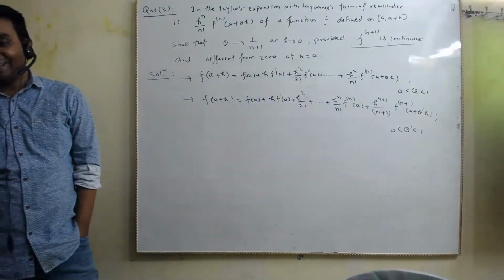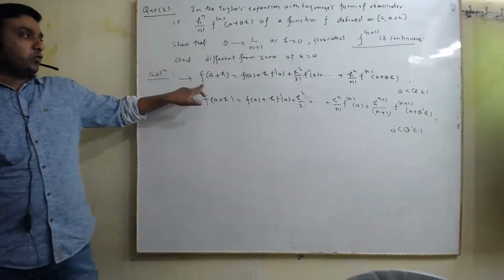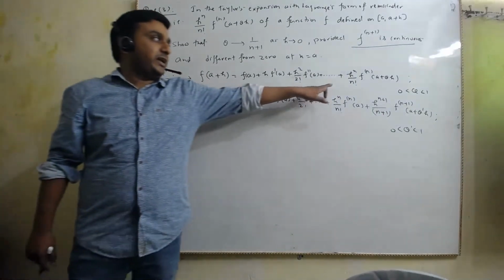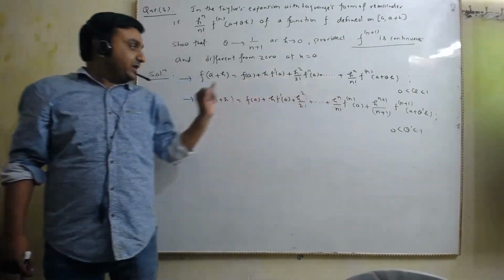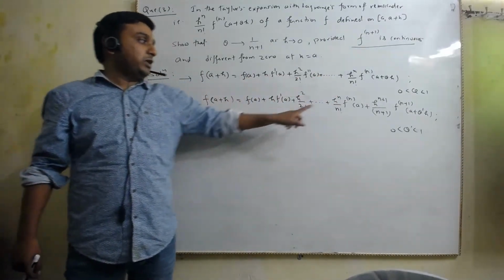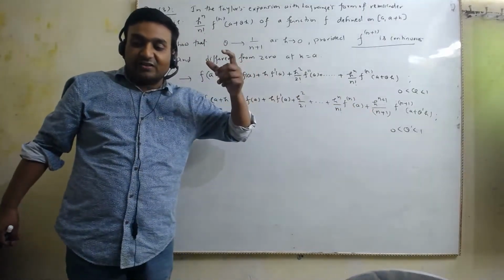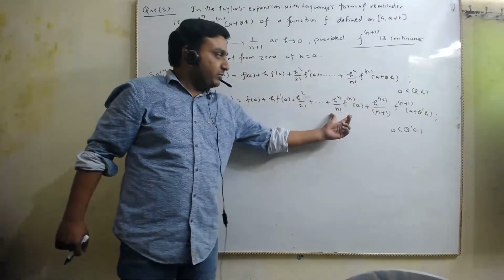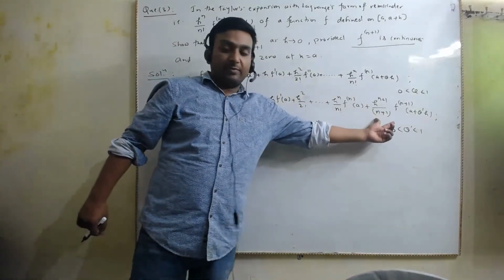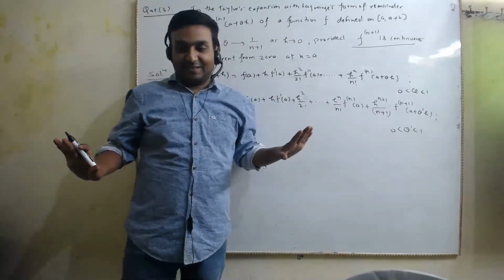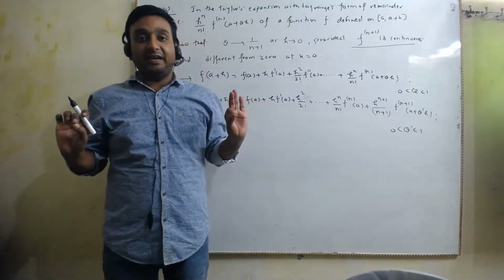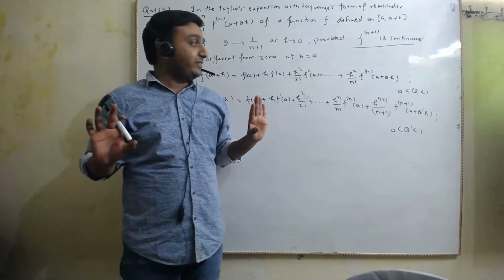What I did here, first I wrote the expansion up to nth degree term, the other expansion I wrote till the n plus 1th degree. If n plus 1th is the remainder term, then nth term will be written like this, but n plus 1th will be like this. Any doubt there?